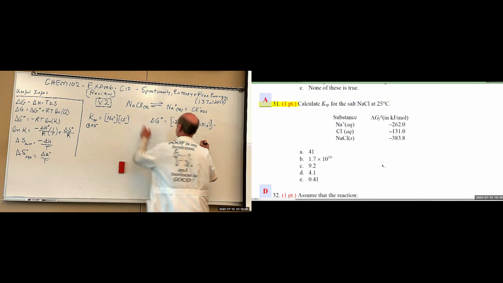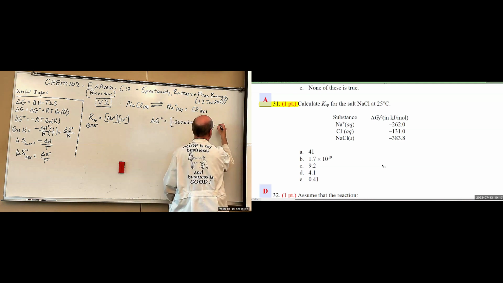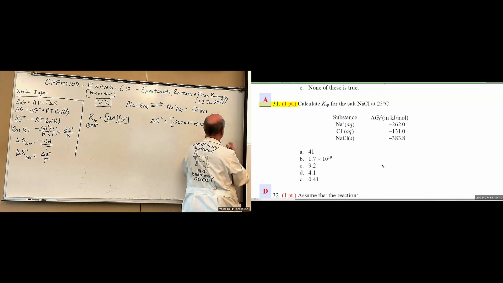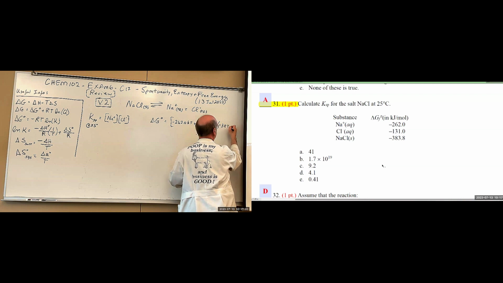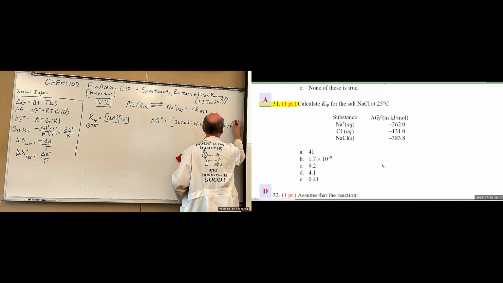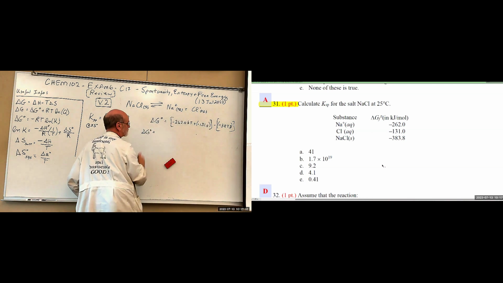And then subtract the formation for sodium chloride, which is minus 383.8 kilojoules. Okay. All right. So we can calculate delta G zero here.